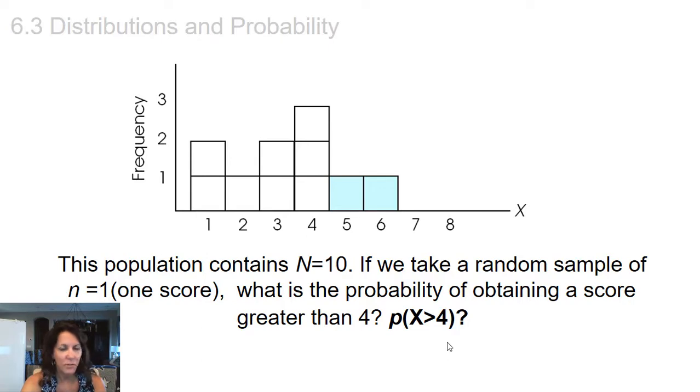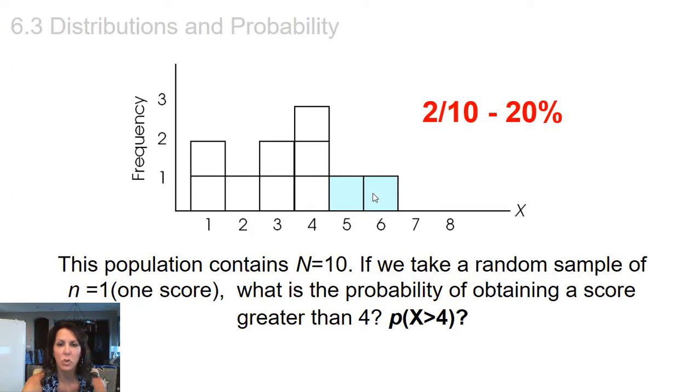Well, try to figure it out first on your own. Pause the computer if you need to. The probability is actually 0.20. How did I get that? Well, the event that I was interested in are scores greater than 4. What are the scores that are greater than 4? Well, it's 5 and 6. How many scores greater than 4 did we have?